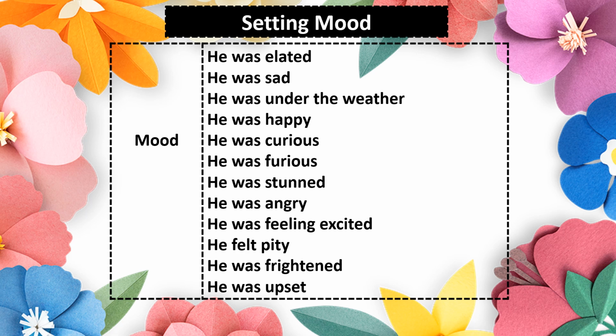Next, he was happy. He was curious. He was furious. He was stunned. He was angry. He was feeling excited. He felt pity. He was frightened. Or he was upset. So you choose or write whichever relates to your storyline.